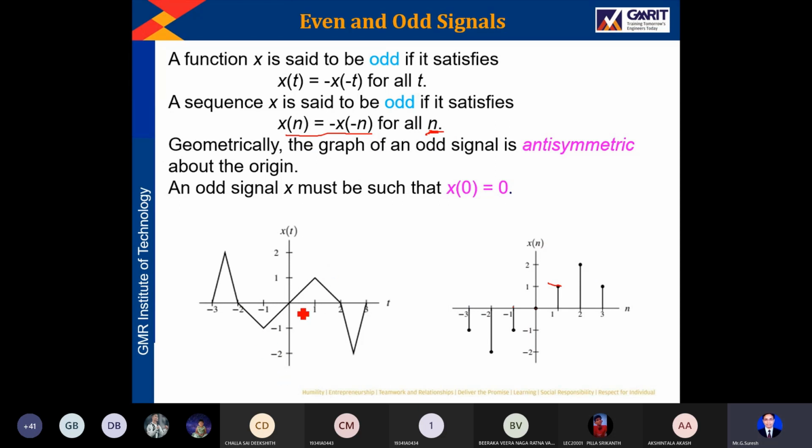Similarly, for x of t, you can see here, positive quantities from 0 to 2. From 0 to minus 2, the quantities are negative. Reverse is the case here: negative values from 2 to 3, then from minus 2 to minus 3, positive values. So now you can see that this equation is satisfied: x of t is equal to minus x of minus t for all t.